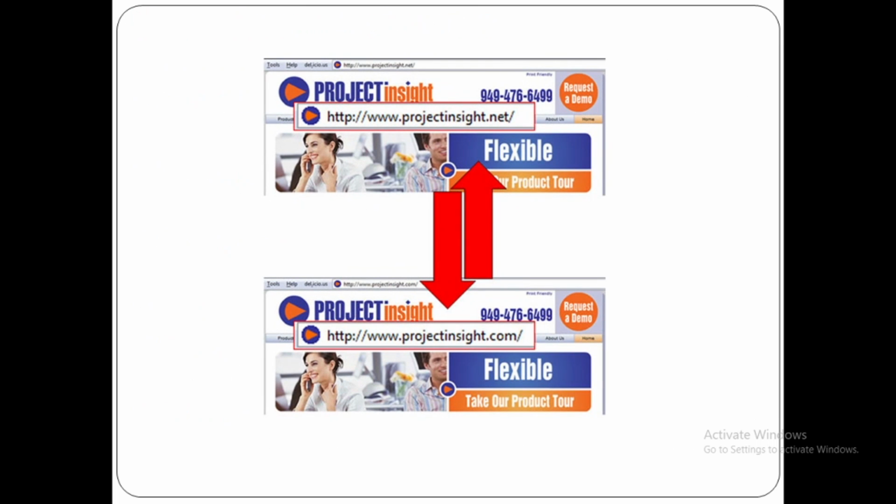You can see here projectinsight.net, that is actually the correct address, whereas projectinsight.com, that is a similar website, a fake website created by another person. So by mistake, if you enter the fake website, then it will become dangerous.